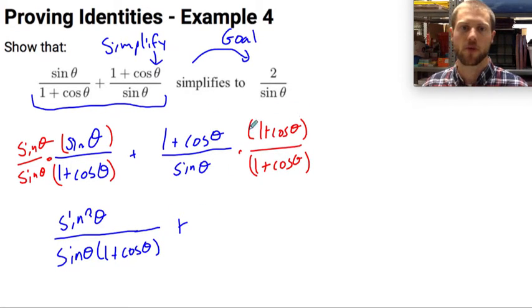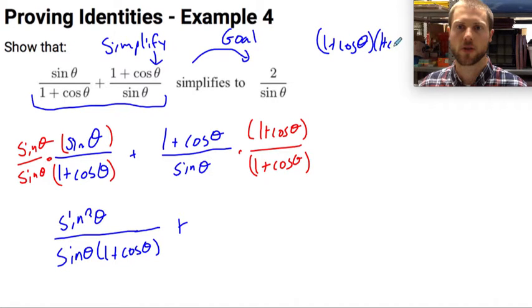Plus, and now I have to multiply this together, maybe off to the side: 1 plus cosine of theta times 1 plus cosine of theta. That's going to be 1 plus cosine, then cosine times 1 is cosine of theta, and then cosine squared of theta.